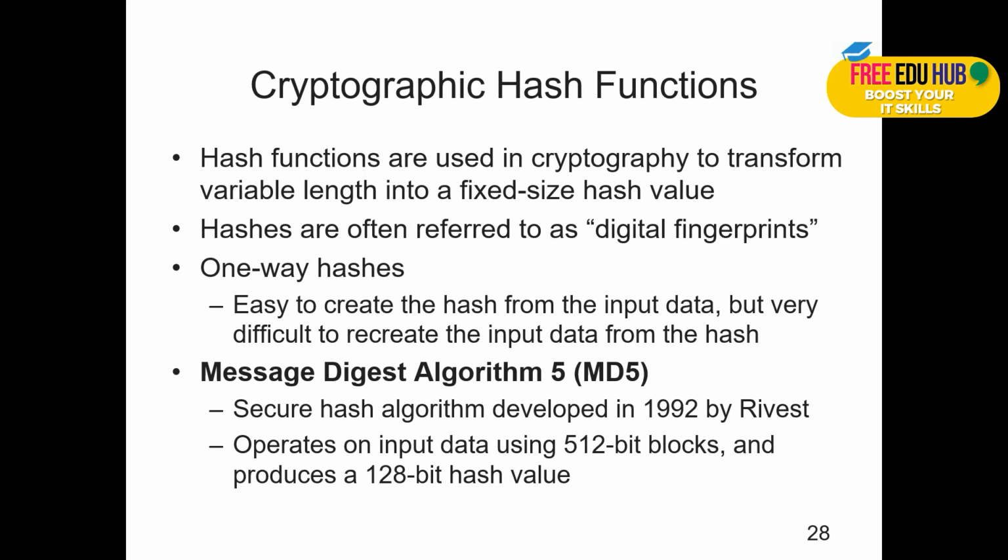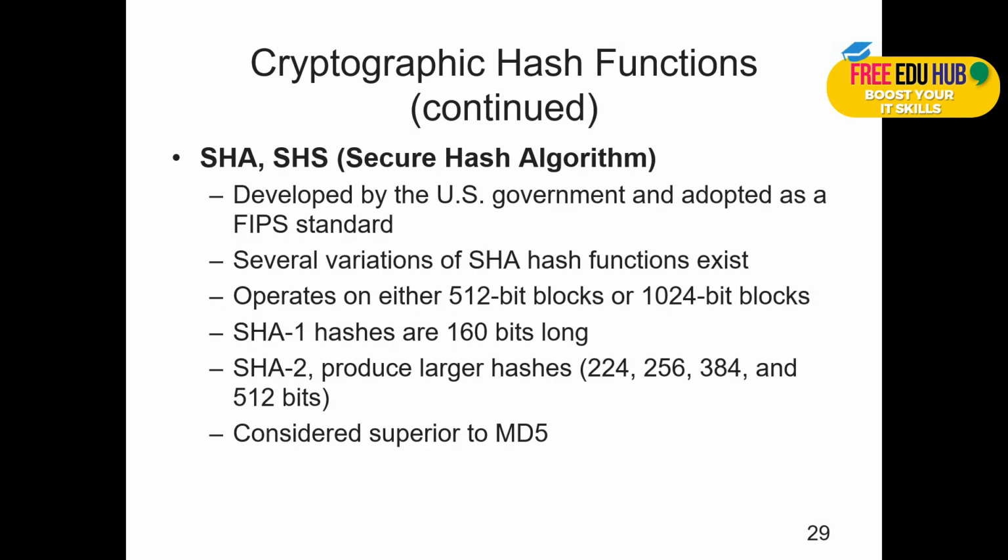The Message Digest 5, MD5, secure algorithm developed in 1992, operates on input of 512-bit blocks and produces a 128-bit hash value. Now we have SHA, and the advanced version of it, SHA-1, was developed by the US government and adopted as a FIPS standard. Several variations have existed since that time.